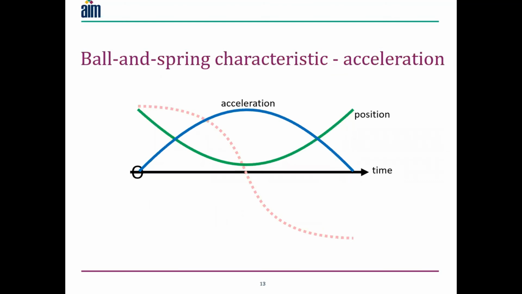We have a graph where we plot all 3 of those parameters or phenomena, namely the position, which we are now familiar with, of the weight, the speed, which I'm now showing in a dotted line, and the acceleration. And the acceleration, once again, is just the time derivative of the velocity.